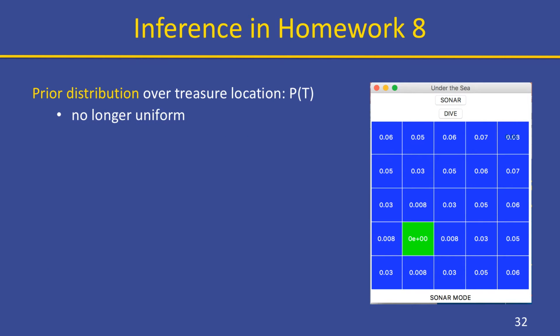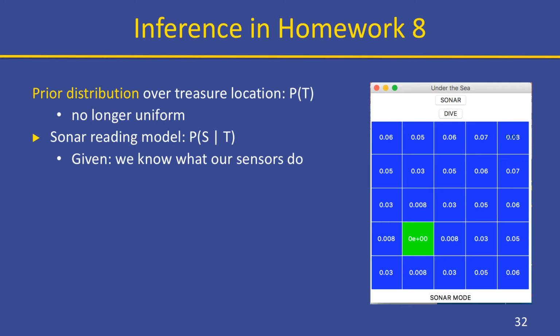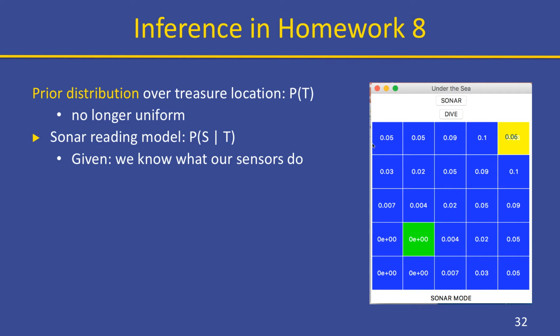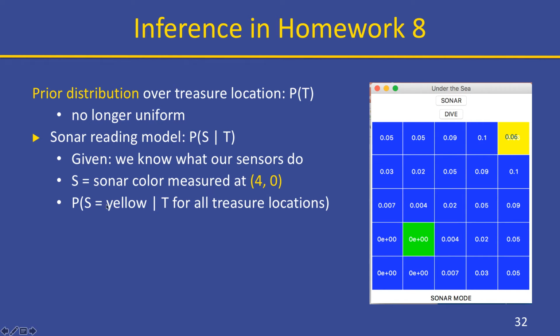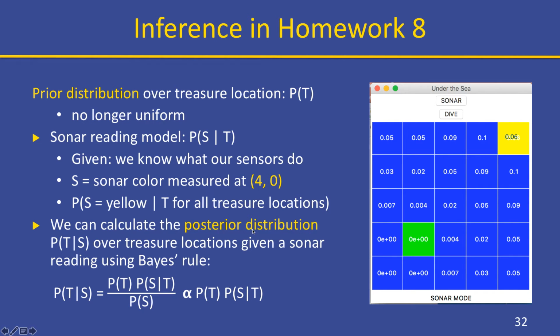And now we're ready for the next reading. At this point, the prior distribution is no longer uniform. So now we have to work with this distribution here. That becomes our prior. We take another reading. Let's say we read a yellow at this position here at 4, 0. Our model can tell us the probability of a yellow given t for all these treasure locations. We calculate the posterior distribution now by using Bayes' rule.